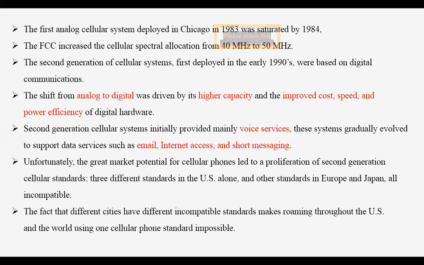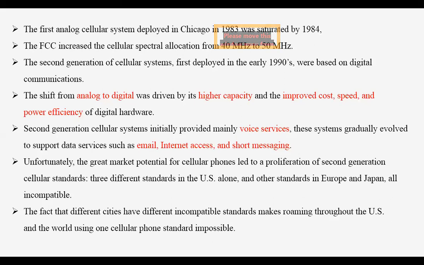So the second generation cellular system was first deployed in the 1990s, and basically it was based on digital communication. From that onwards, digital communication evolved, and now it has a tremendous scope, and you will find applications of digital communication everywhere. The shift from analog to digital was driven by the higher capacity, improved cost, speed, and power efficiency of the digital hardware.